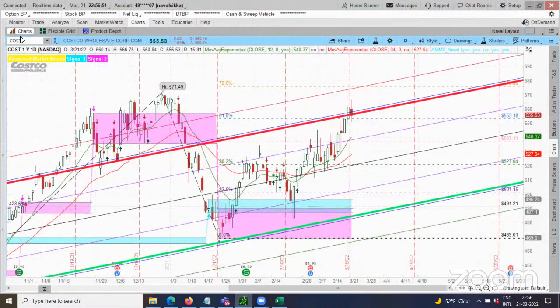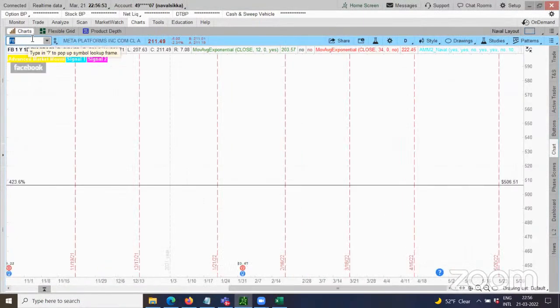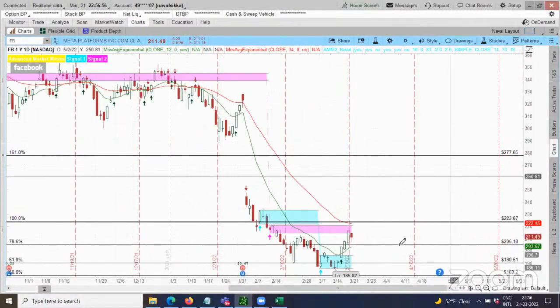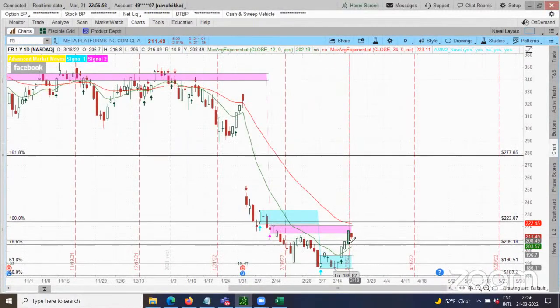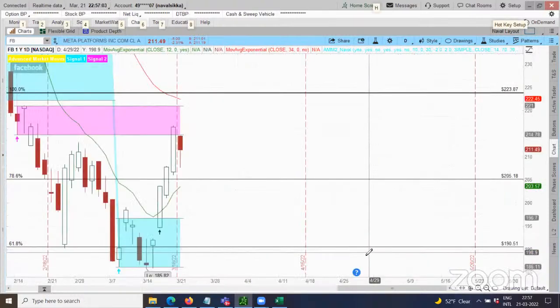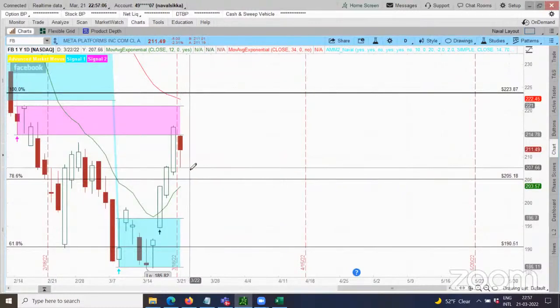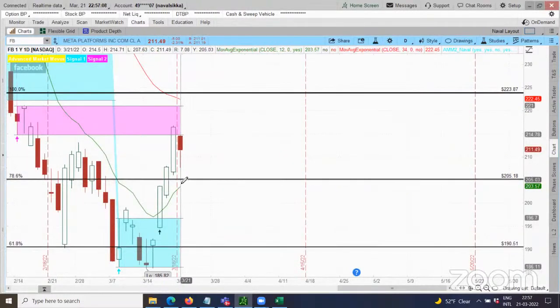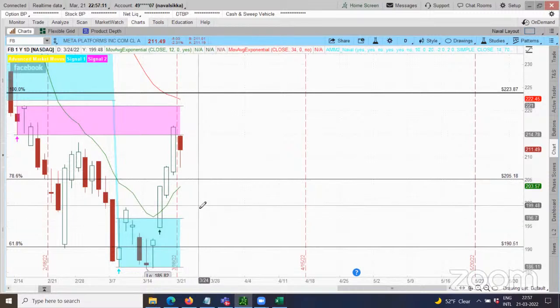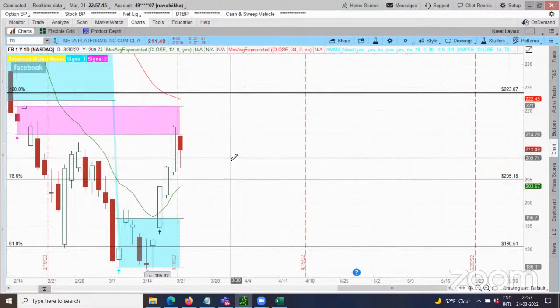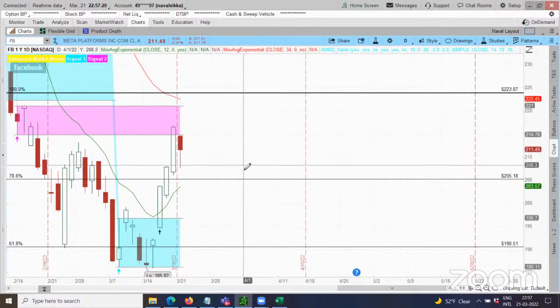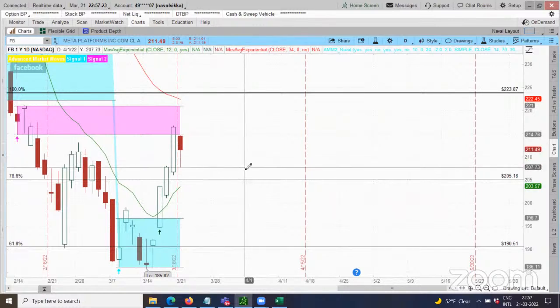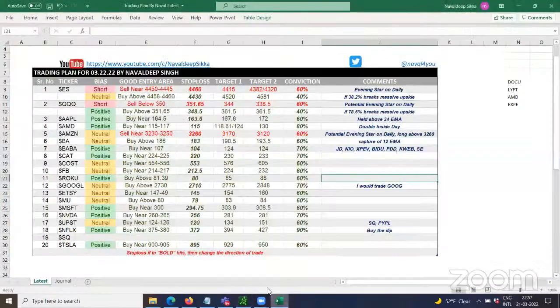Facebook did not hold at all. I was expecting a drop, but it dropped too much. It's making an inside day on the price, and it's hovering right in between the 12 and 34, because the 12 and 34 have a significant gap of about $18. So now if we go with the half or piercing candle principle, we should have a stop loss of this area, 207.50.